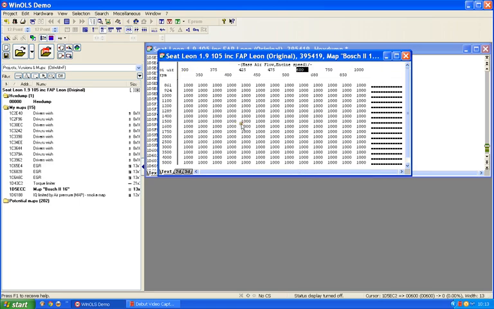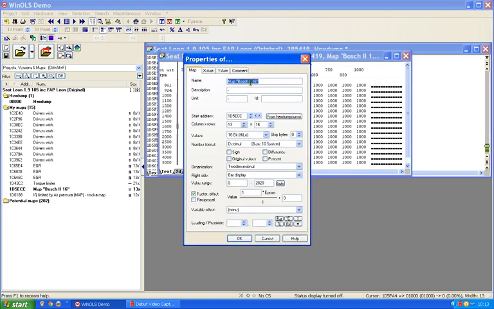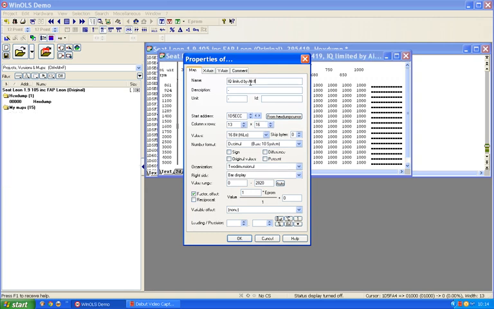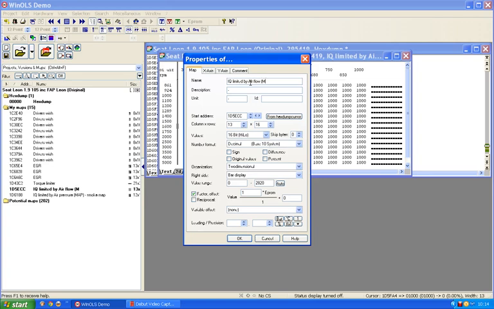So all we need is our output. Now this is looking like it's going to be IQ limited by airflow, which is math. And so that is looking like it's going to be our smoke map.